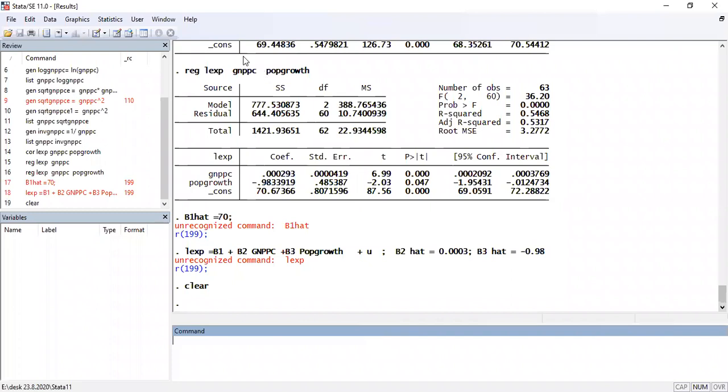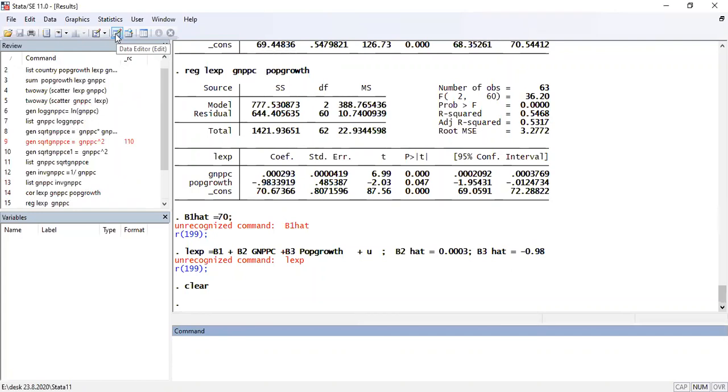Here, this Stata file. You see the data editor, edit, the icon with a pencil. Hit there.